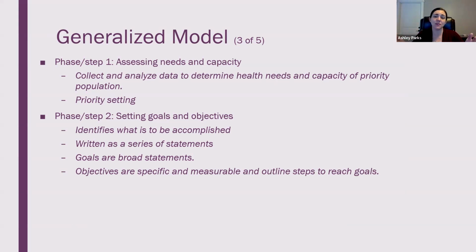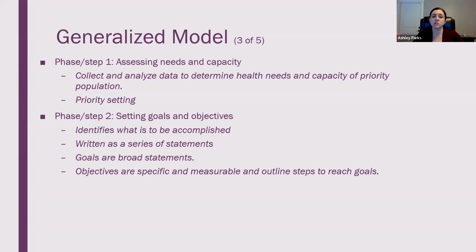Then once we have all that data, we set goals. And normally goals are these broad, sweeping statements of, we want to reduce diabetes in our community, or we want to improve diabetes management. And then the objectives come underneath the goals and are far more specific.